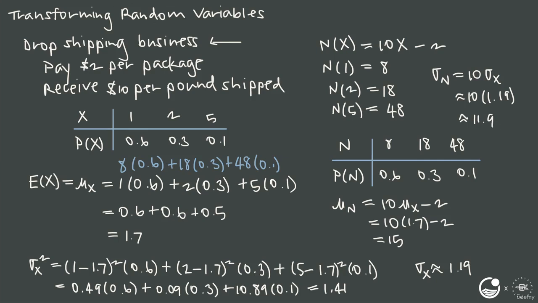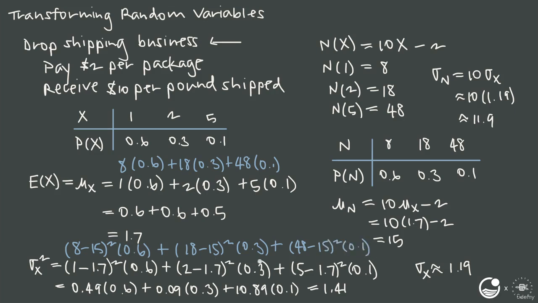So this is approximately equal to 10 times 1.19, or about 11.9. And of course, just like before, we could have found that the old-fashioned way. We could have said here our data point 8 minus the mean that we calculated, 15, quantity squared times the probability of that particular value, and then plus 18 minus the mean of 15, square it, multiply it by the probability, and then the last one here, 48 minus the mean of 15, square it, and multiply it by the probability.